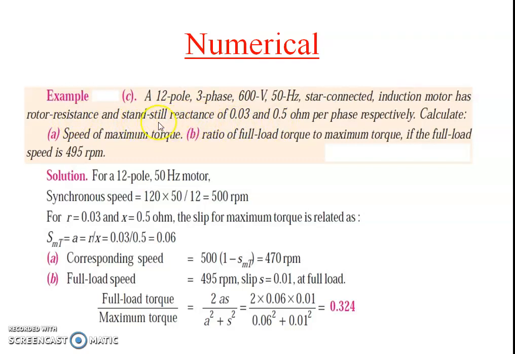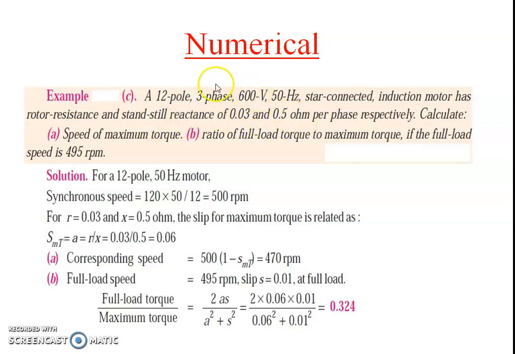Standstill means the motor is at rest condition, that is, the motor is at just starting condition. Rest means it's a standstill. Standstill means stable condition, the rotor is fixed and not rotating; in that case we call it standstill reactance. The standstill reactance is 0.5 ohm.